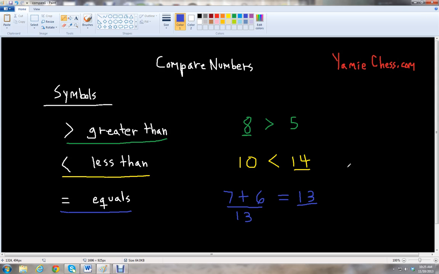So let's do some other examples where we get to compare two numbers, where we may have to do some adding, subtracting, or maybe multiplying, just to see which number is greater or less than, or if they are the same value.